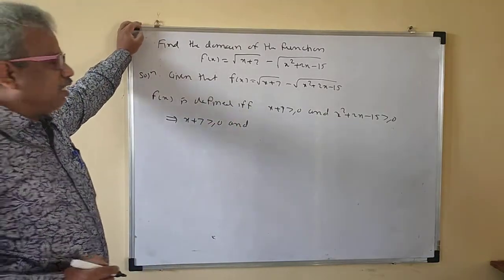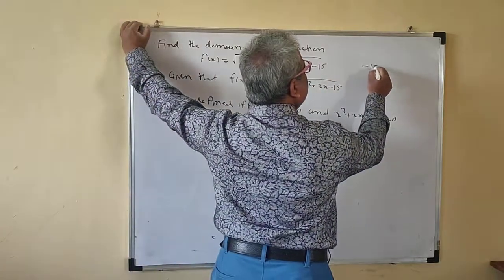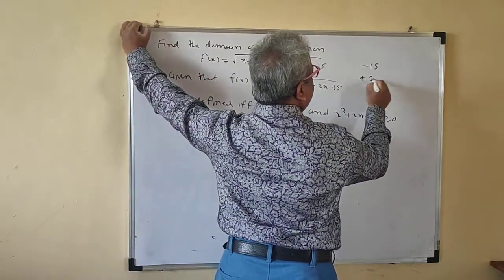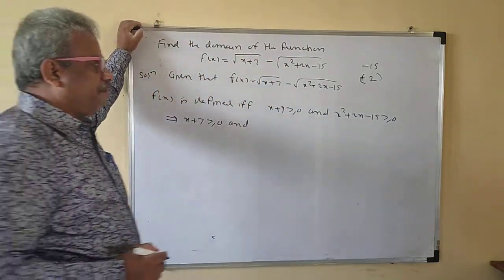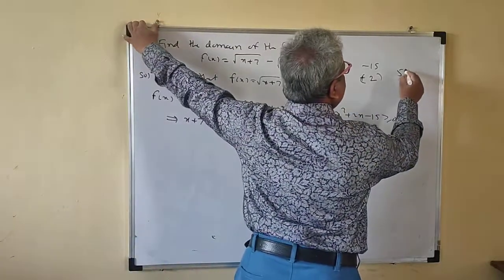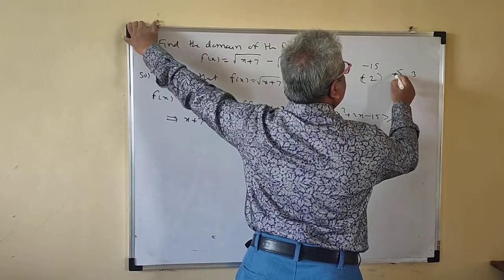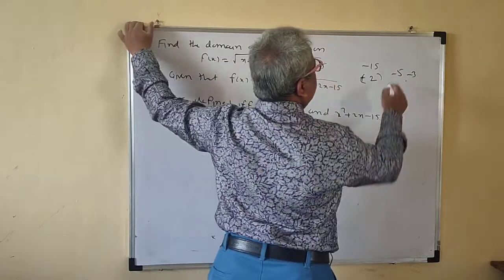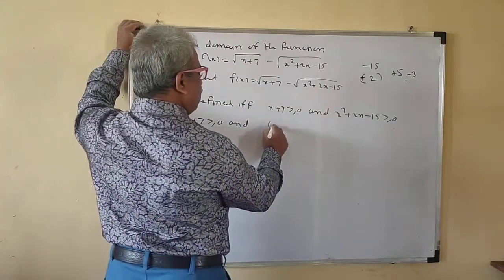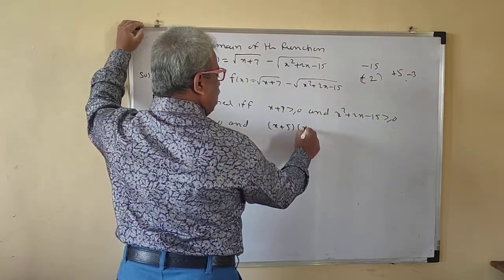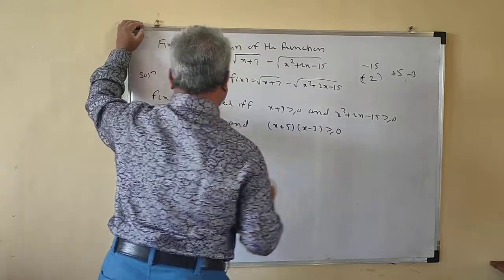The product is minus 15 and the sum is 2. So these numbers are 5 and 3. So this is plus 5 minus 3. So this is x plus 5, x minus 3 greater than or equal to 0.